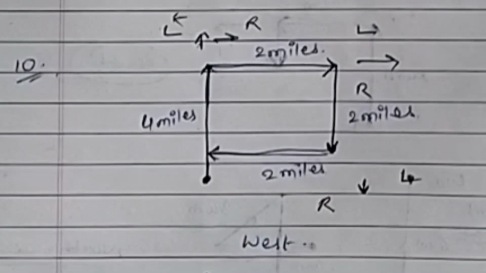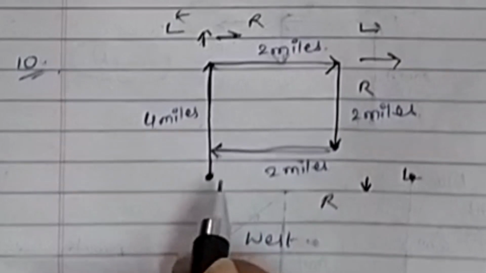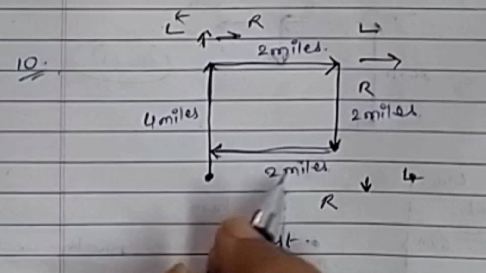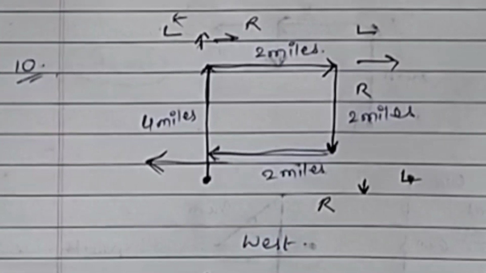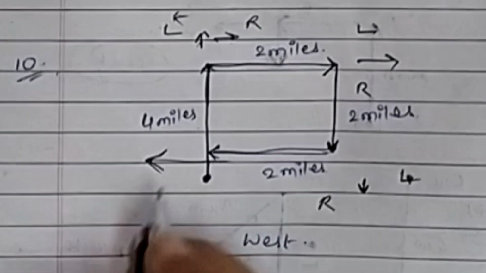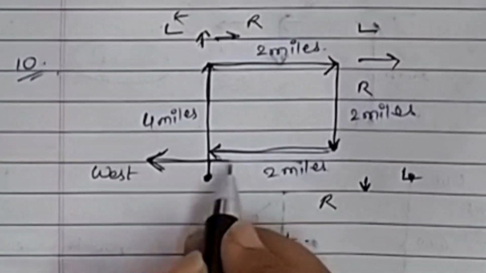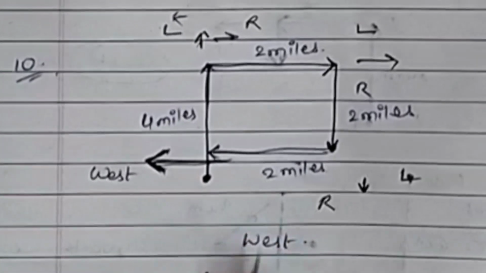Now in which direction would he be now from his starting point? So the starting point is here, but the man is going that way. So we can say that way is the west direction, and here he is walking in this direction only.